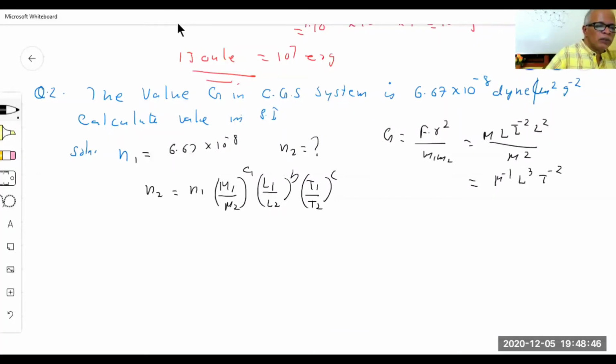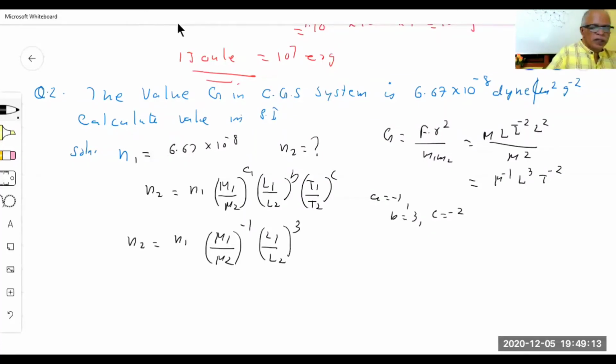So A is equal to minus 1, B is equal to 3, C is equal to minus 2. That doesn't make a difference here. So N2 is equal to N1 into M1 by M2 raised to minus 1, L1 by L2 raised to 3.